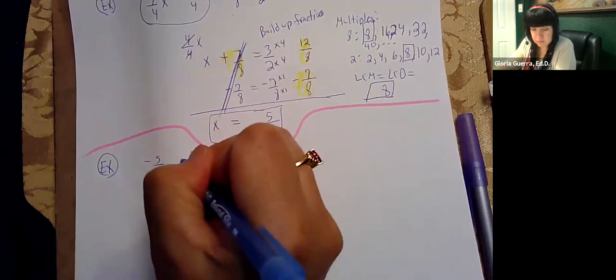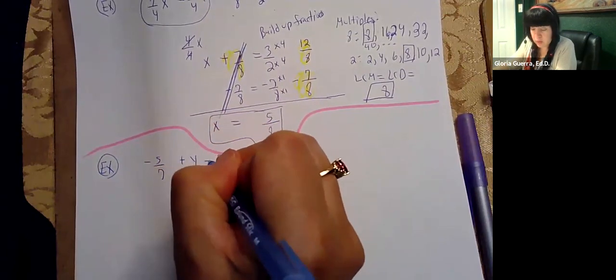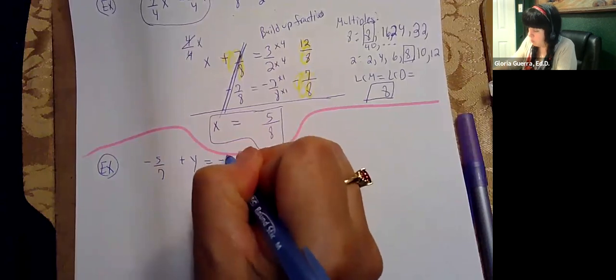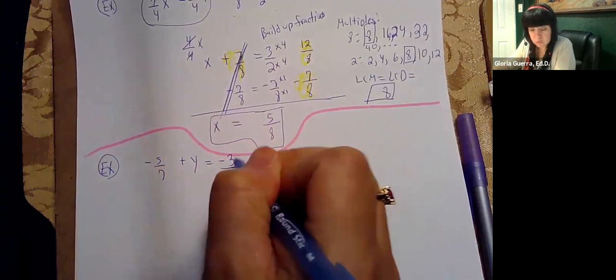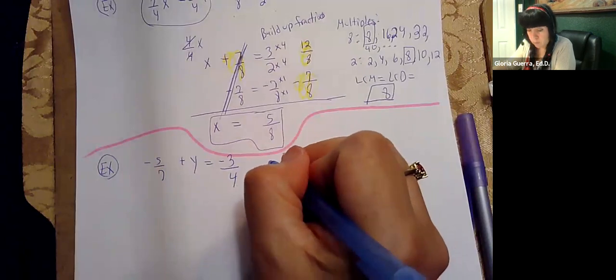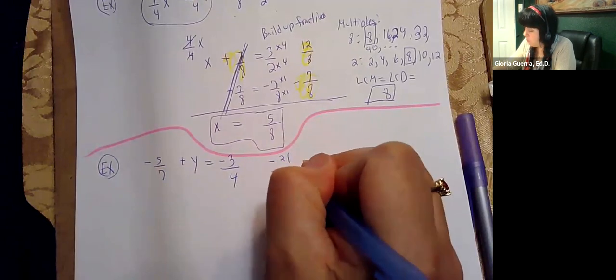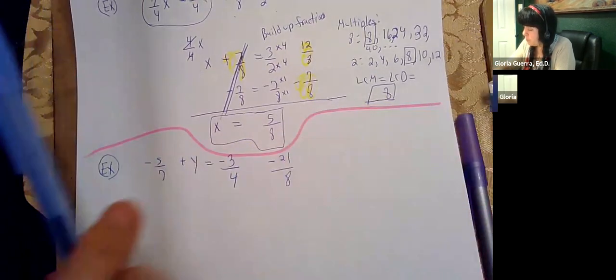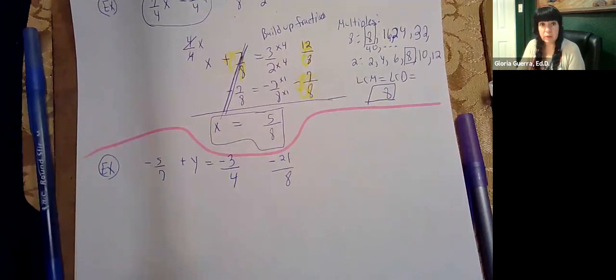Negative 5 sevenths plus y equals negative 3 fourths. Let's see if I got that written down right. So negative 5 sevenths plus y equals negative 3 fourths.